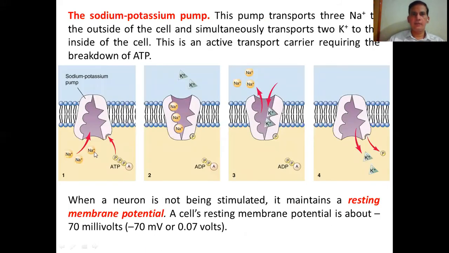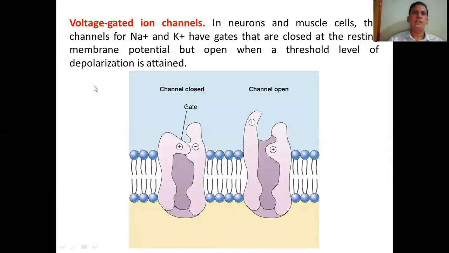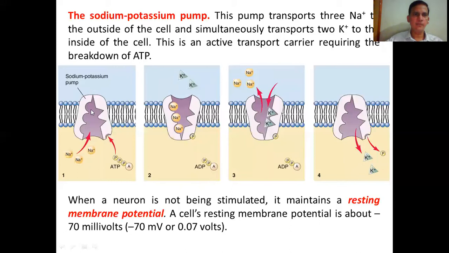Okay, so let's have a look at the sodium potassium pump. This is a pictorial representation of a sodium potassium pump. This pump usually transports three sodium ions outside of the cell, and in this process one ATP is utilized and converted to ADP.